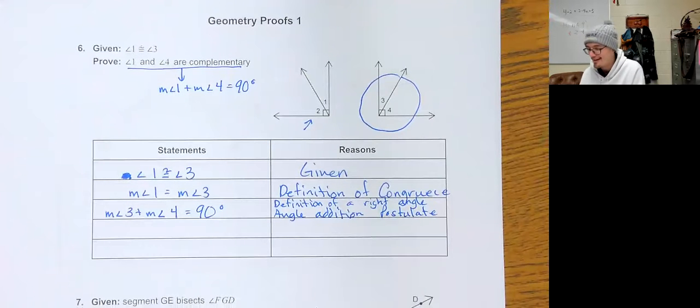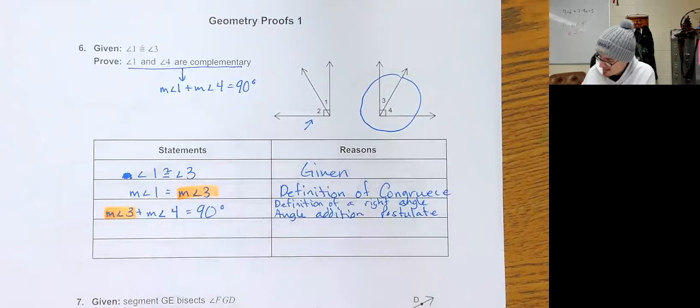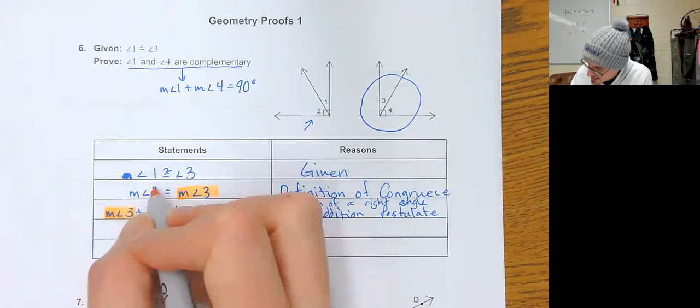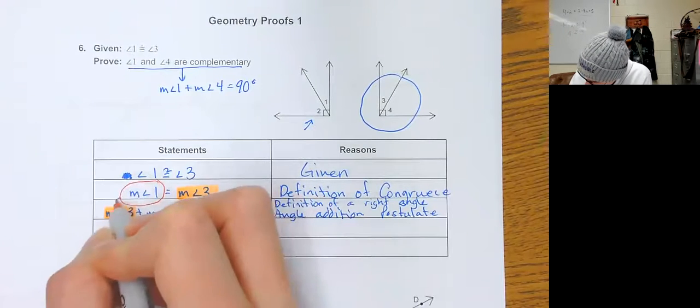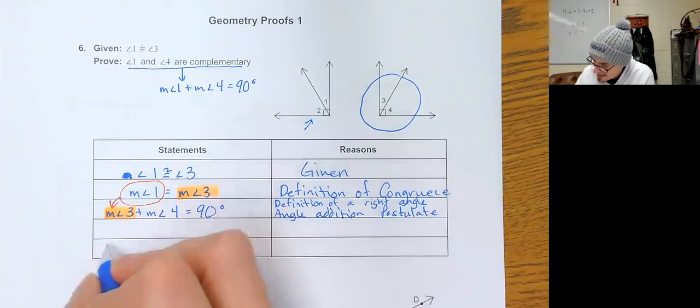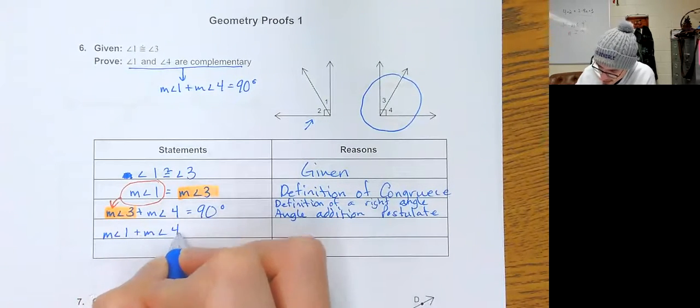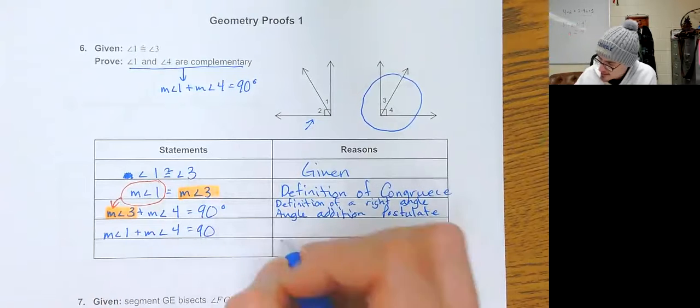Well, I can just go straight from here. Instead of doing everything I did last time, I can just take the measure of angle 1 and substitute it in right there. And I immediately get right away that the measure of angle 1 plus the measure of angle 4 equals 90 degrees.